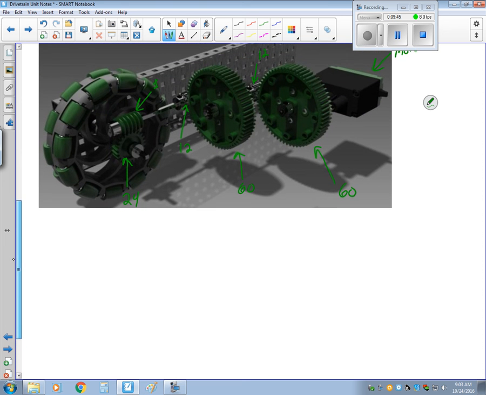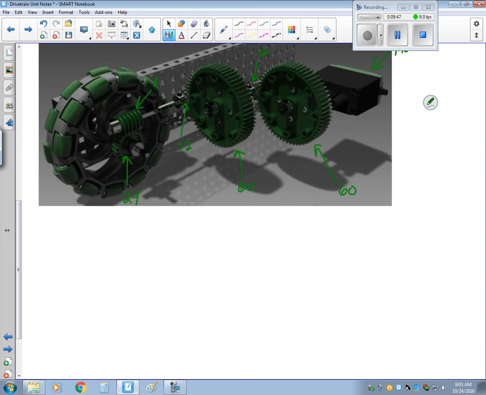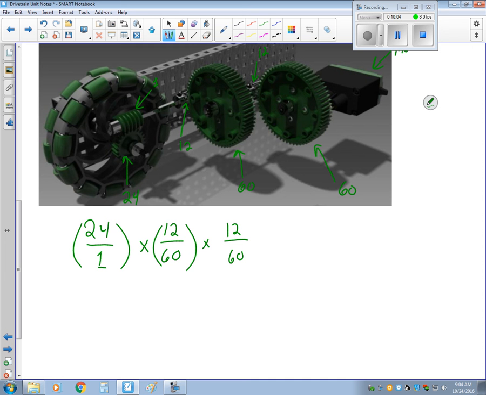We want to go through and calculate the mechanical advantage of this system. I like to do output divided by input. So first off, I have 24 divided by 1, times 12 over 60, times 12 over 60. Notice that for all of those I have output divided by input.